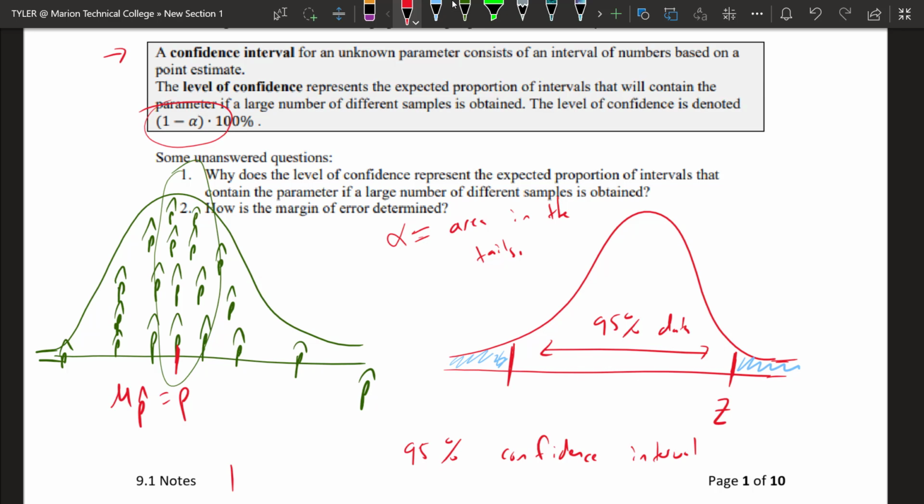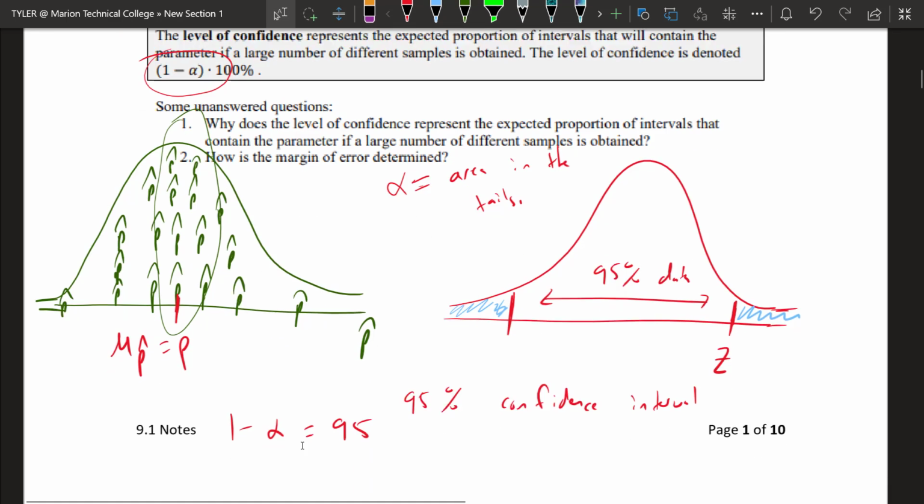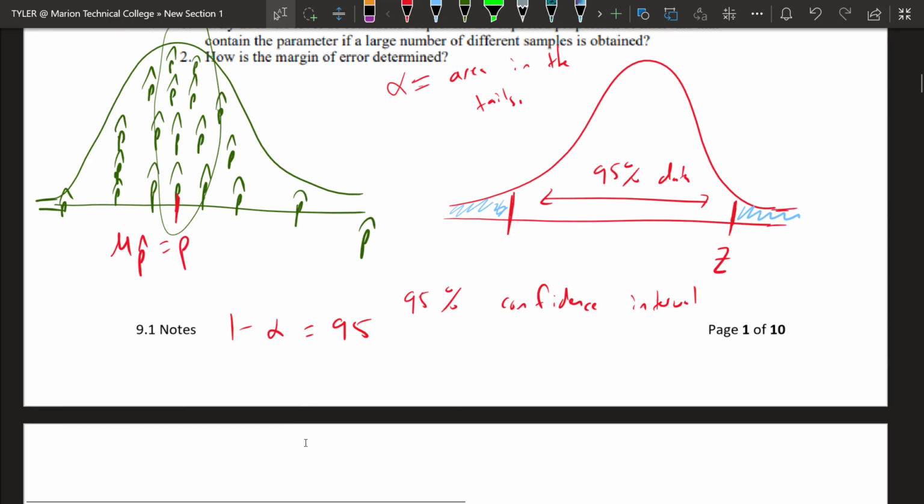So if 1 minus alpha is going to equal 95, then if I solve for alpha, I could subtract.